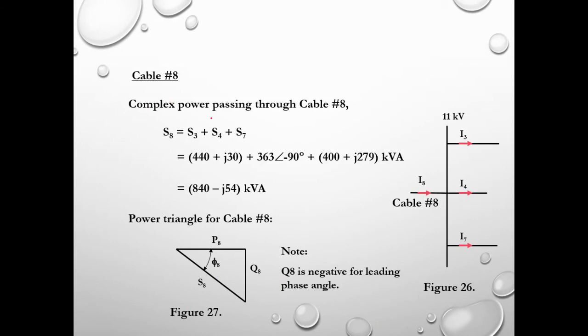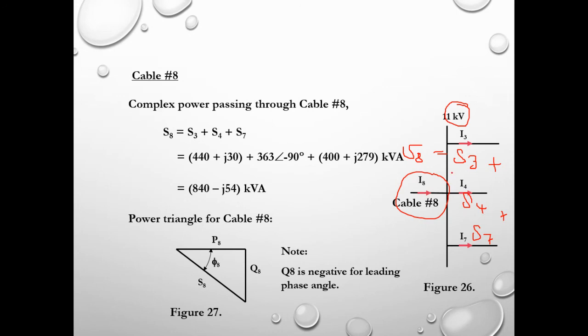Similarly for cable number 8. Cable number 8 consists of S8, which is equal to S3 plus S4, the total complex power of S4, plus the total complex power S7, since it is connected to the same bus bar of 11 kV.